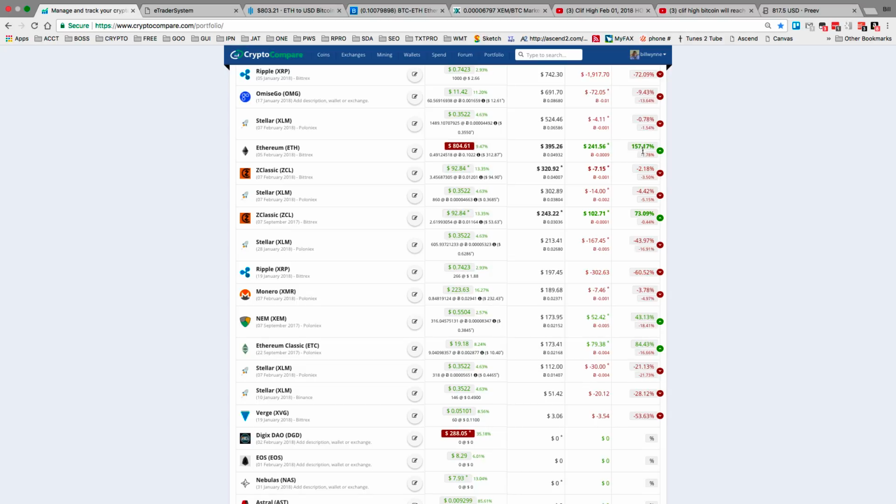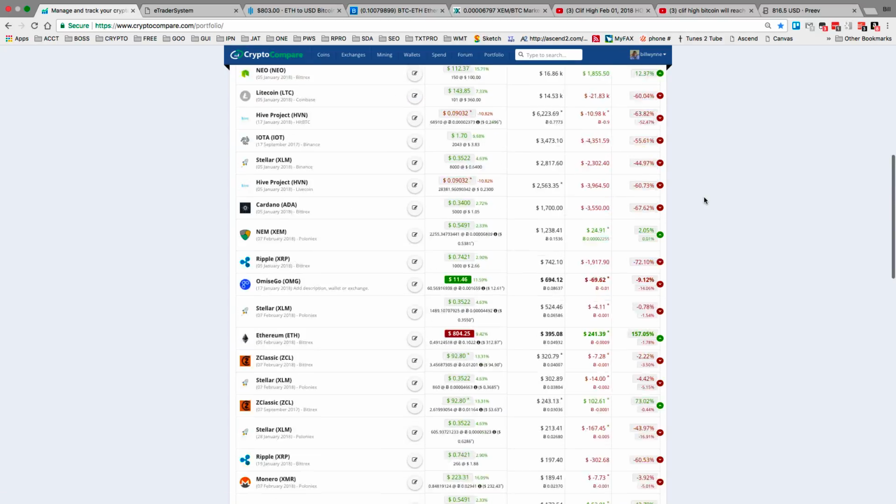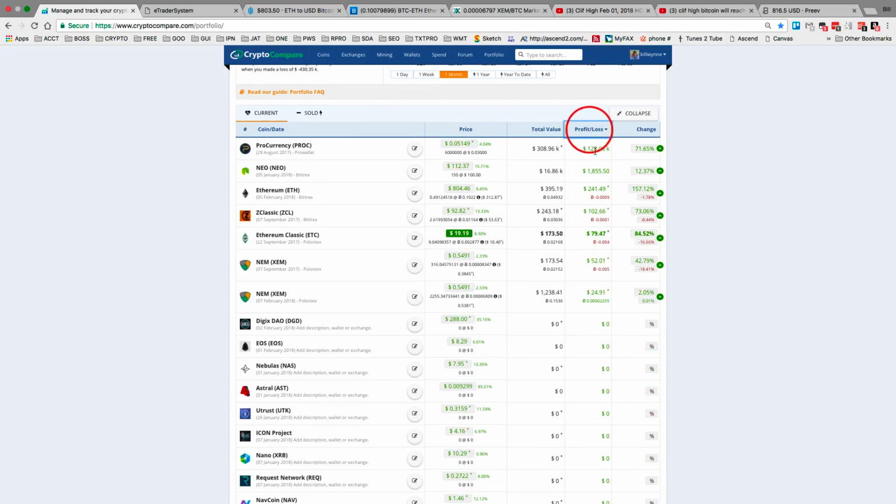So a lot of times this data needs a little bit of time to update. If you add a coin, sometimes it's really off the wall, the number, and then it normalizes over time. But if you see something strange, just sit on it. And so then you're able to track your Ethereum here. What I like to do is if I want to sell something, or I'm wondering if I can sell something, I can click this profit loss.